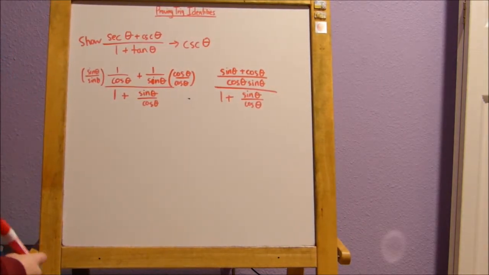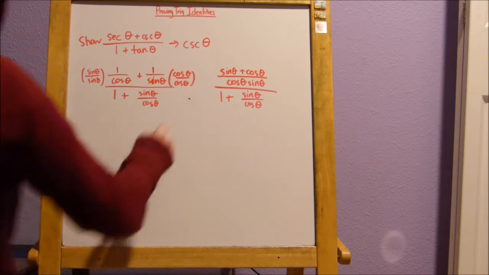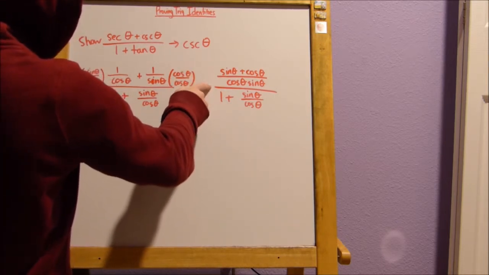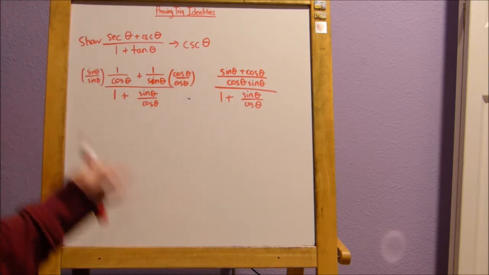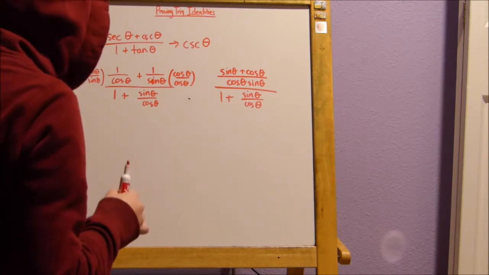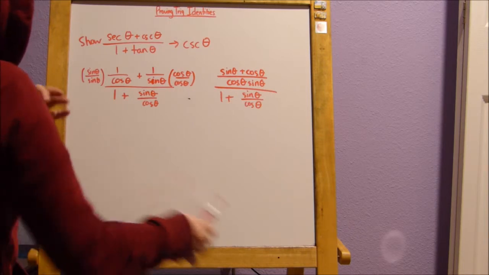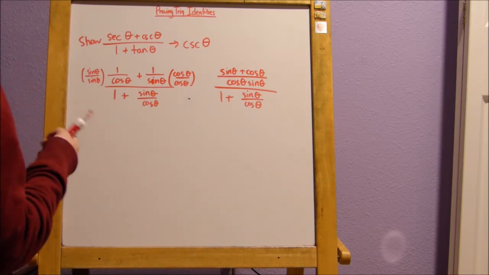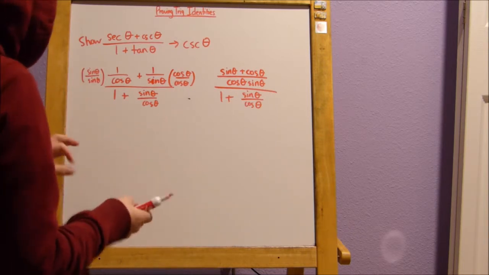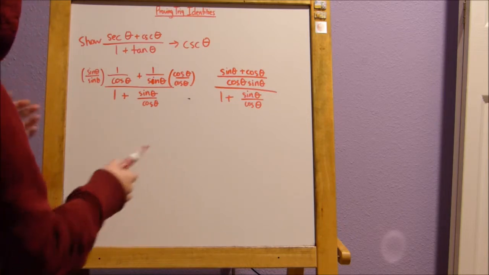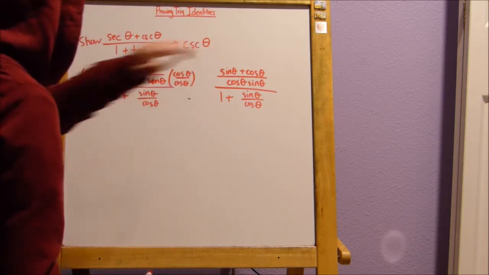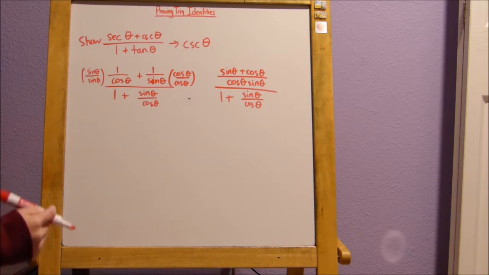Now, the next thing I don't like about this situation is that we have this fraction in the numerator. I don't like that one bit. So, with trig identities, a lot of times it's kind of like, see what works, see what doesn't work. But with me, it's just kind of like, what seems out of the ordinary that we have to change in order for it to equal cosecant of theta, right?